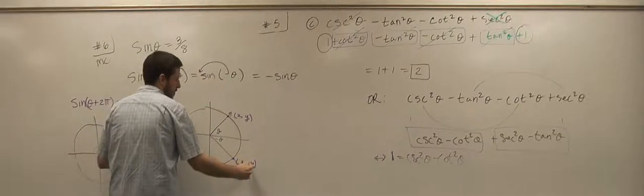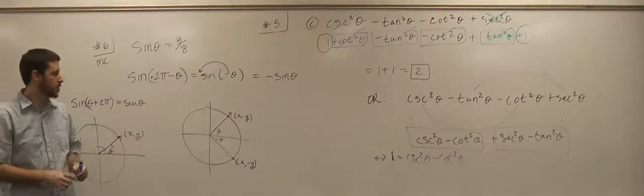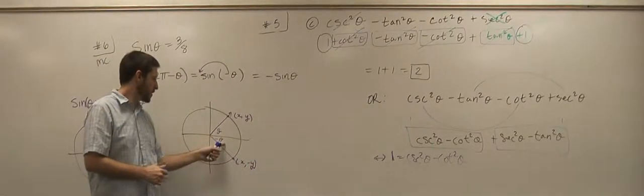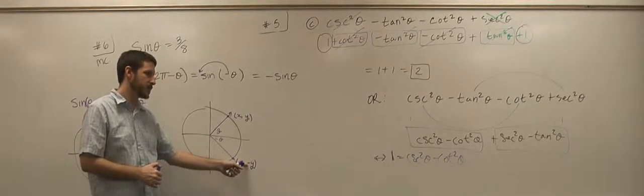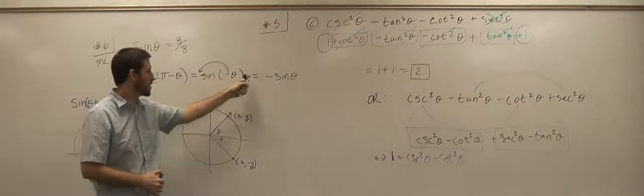A negative sign. So when you plug negative theta into your sine function, you get out a negative answer, the negative of the original. So this negative can come out in front.